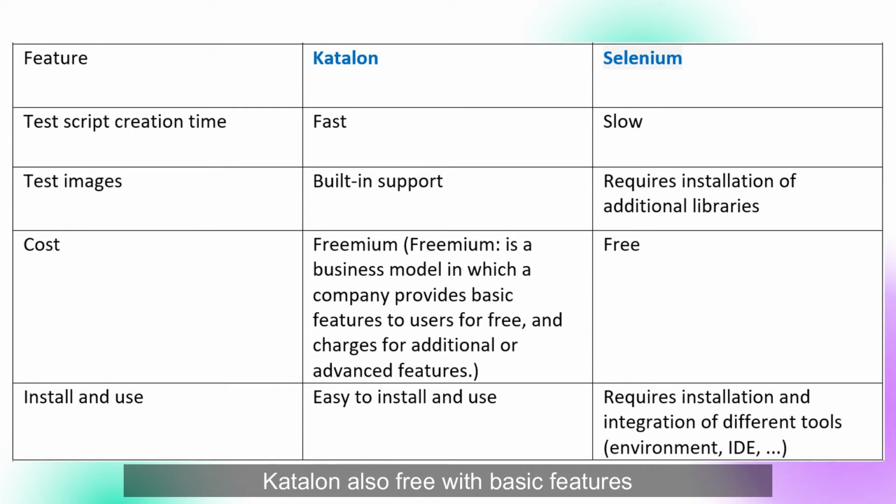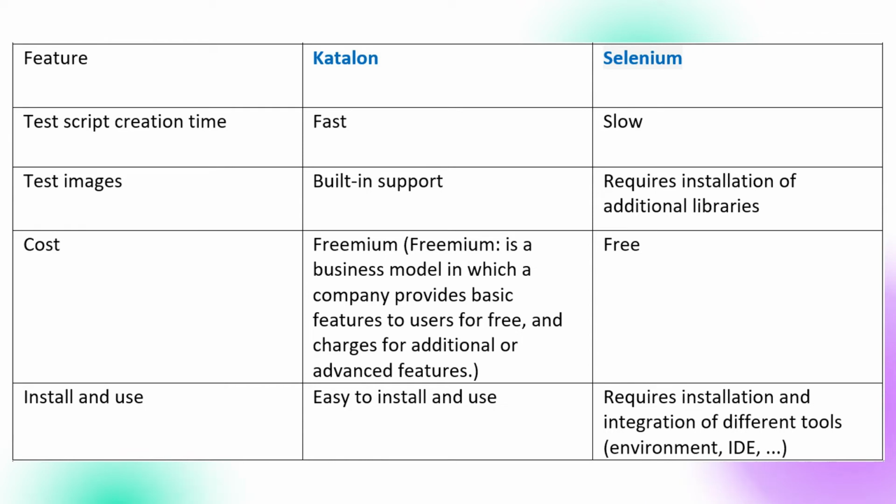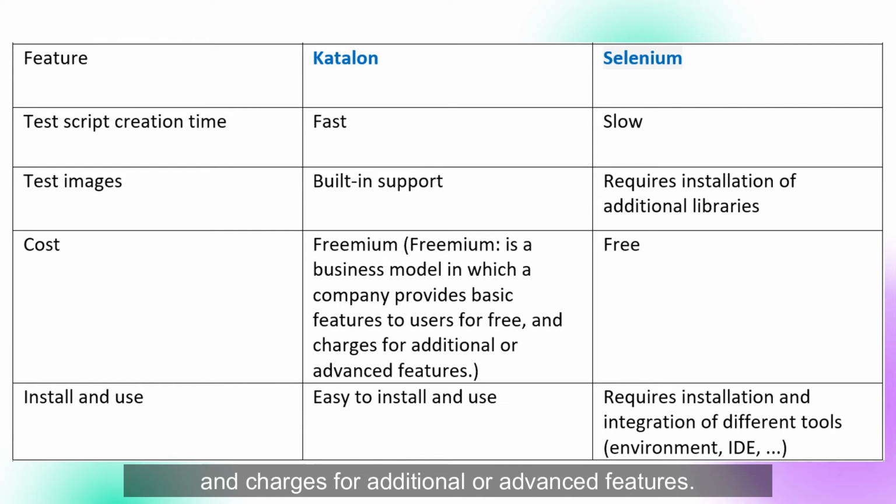Katalon is also free with basic features and charges for additional or advanced features. Katalon is easy to install and use, while Selenium requires installation and integration of different tools like the IDE and environment.